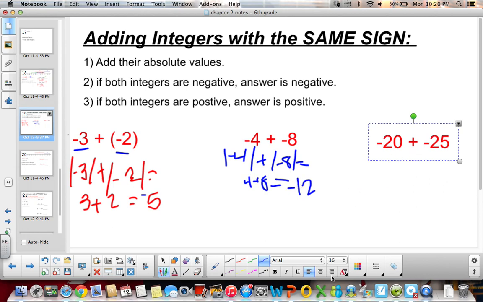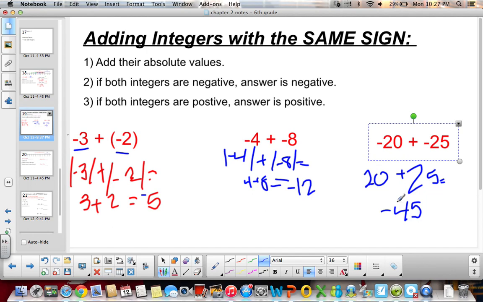Next, -20 plus -25. The absolute value of -20 is 20. The absolute value of -25 is 25. 20 plus 25 equals 45, and because we're adding more negatives, we're going more to the left. It's -45.